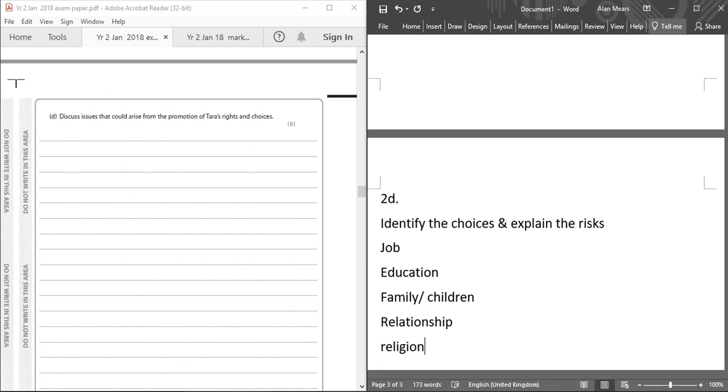So as part of her religion, being a Jehovah's Witness, they do not accept blood transfusions or organ transplants. If she wanted to have children, one of the risks that come from having children is that during pregnancy she could suffer quite heavy bleeding and would have her life put at risk. And then that's an issue with choice and rights, that she could put herself in greater danger if she does not want to have a blood transfusion.